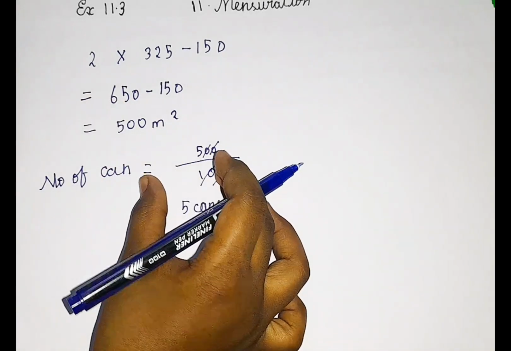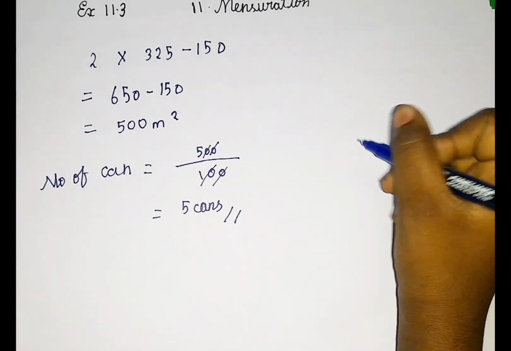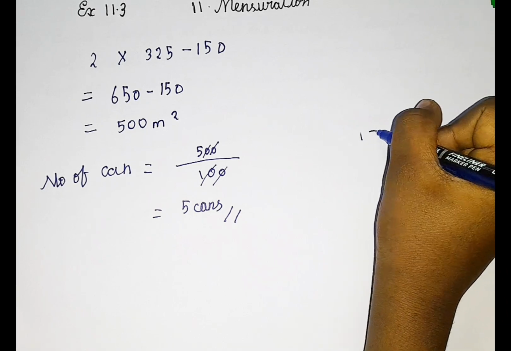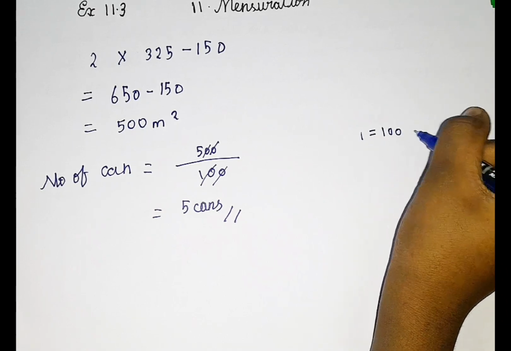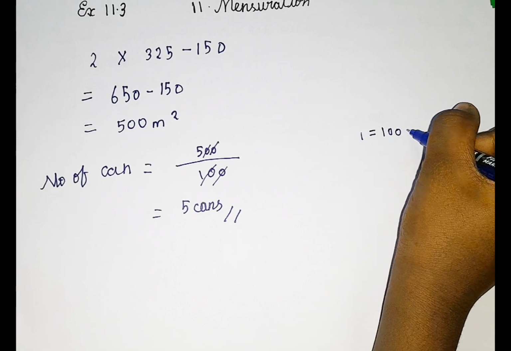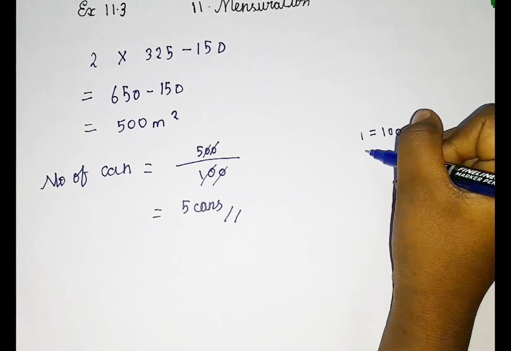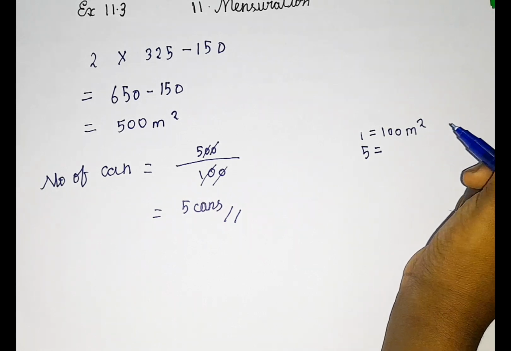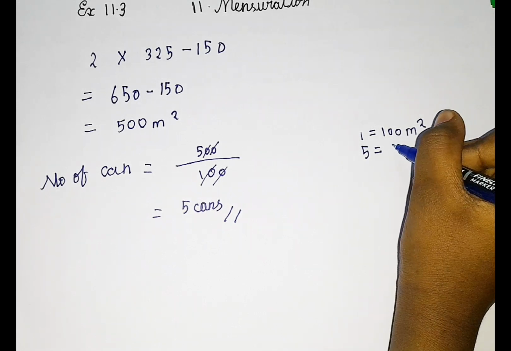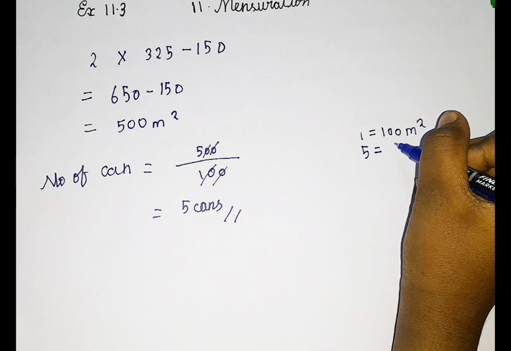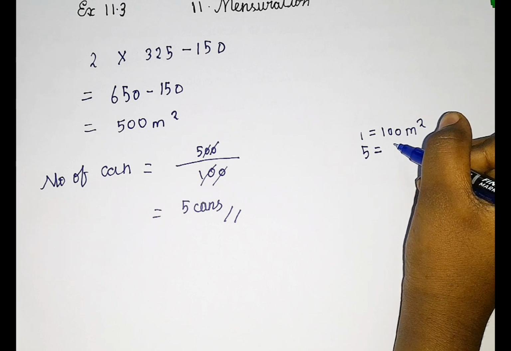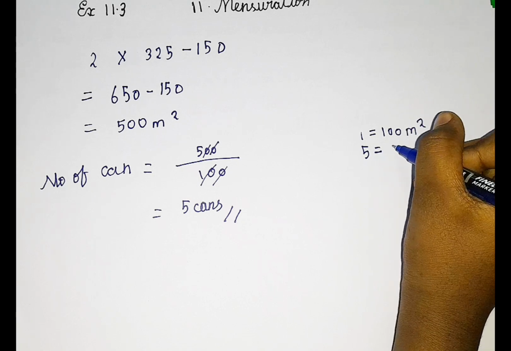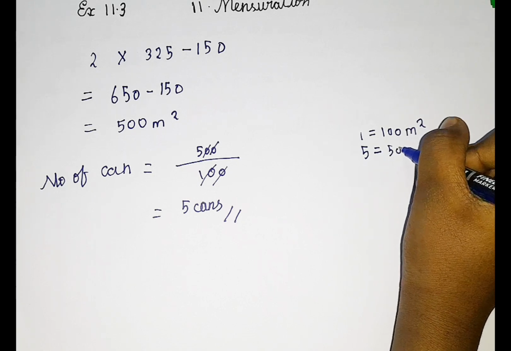But let me explain this once more, okay? It might be a little hard to understand. With one can we can cover 100 meters square. So for 5 cans, how much area can we cover? 500 meters square.